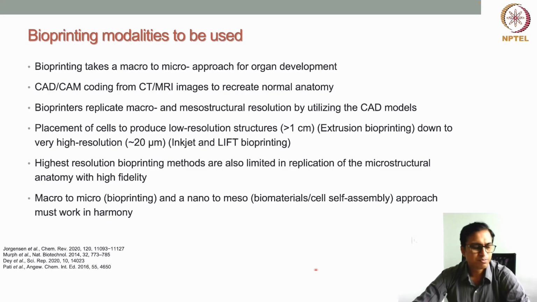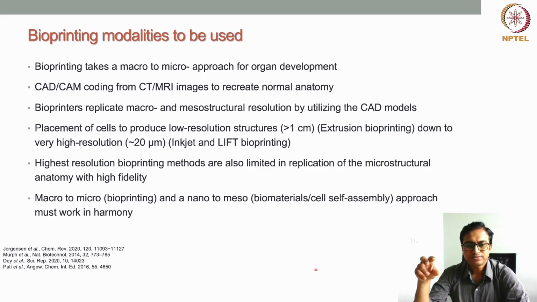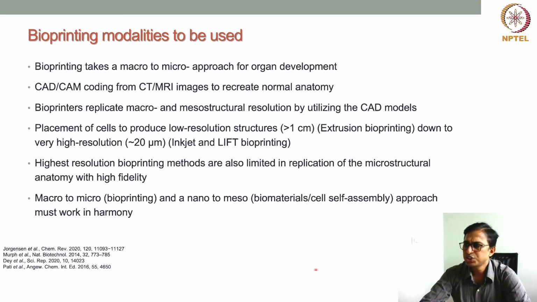Though different bioprinting methods can be used for microstructural detailing, or to bioprint macro tissue structures, there are some limitations: even with the highest resolution bioprinting methods, we cannot replicate the microstructural anatomy with high fidelity, because the tissue microstructure details are sometimes too complex.